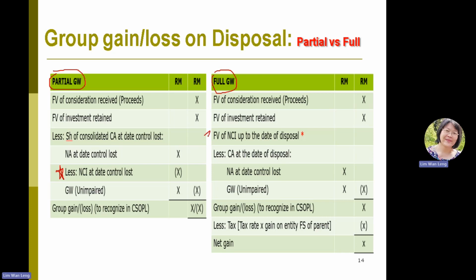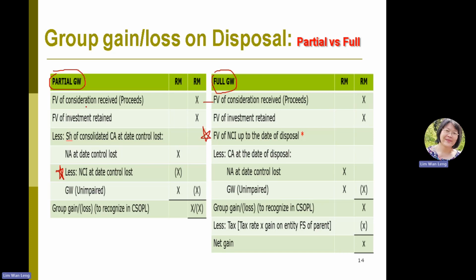For gain or loss on disposal, of course you need the proceeds. If you dispose of 20% of your holdings in the other company, how much do you get? This is the same in both: the consideration received, which is your proceeds from the disposal.